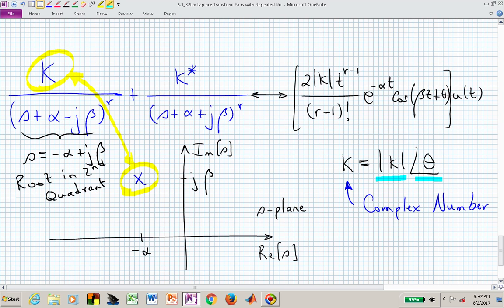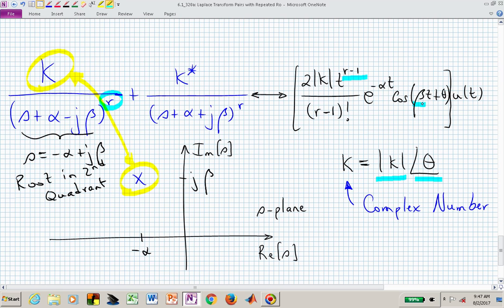Then the time domain expression will be 2 times the modulus or the magnitude of k, t to the r minus 1. This r minus 1 again is 1 less than the repeated or the total number of roots at that location. e to the minus alpha t, cosine of beta t.